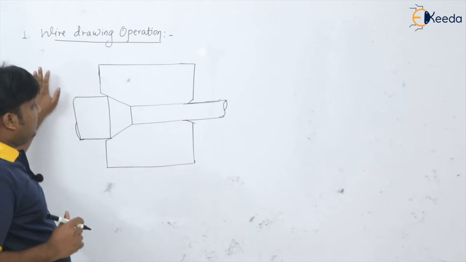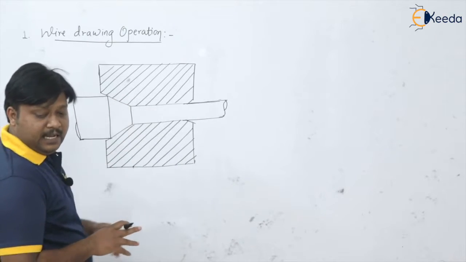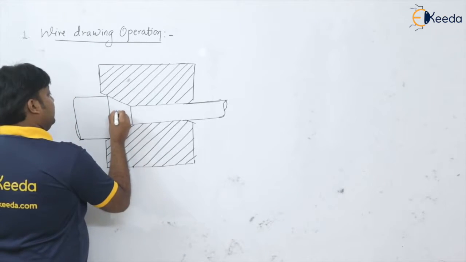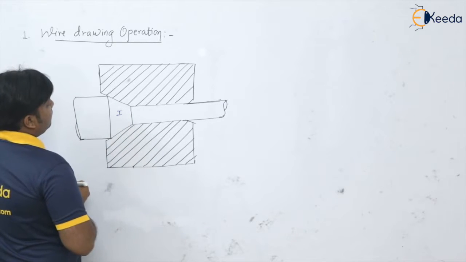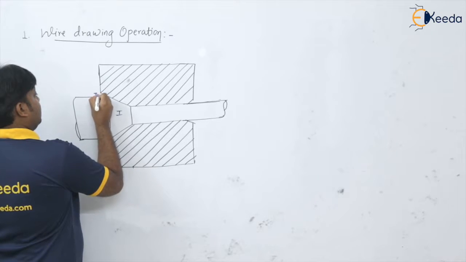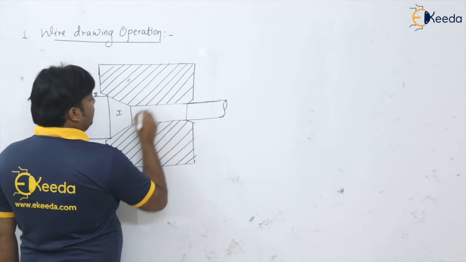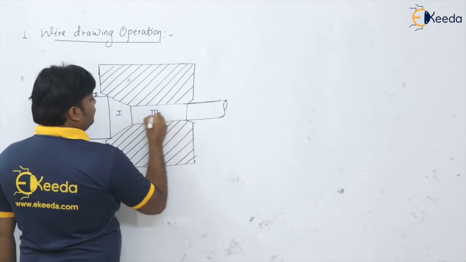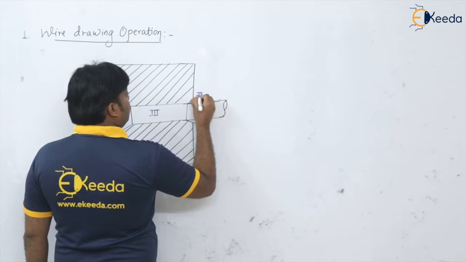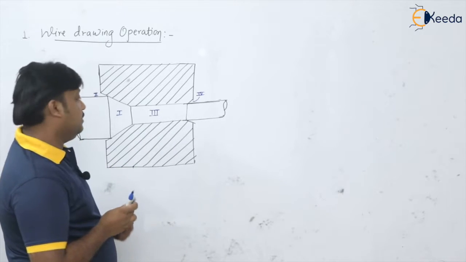So students, see here, this is the die, having four main zones. This is the conical zone, that is, for deformation. This is also a conical section, for lubrication. This is the straight cylindrical portion for the sizing of the wire, and this is the fourth, for easy withdrawal of the lubricants.